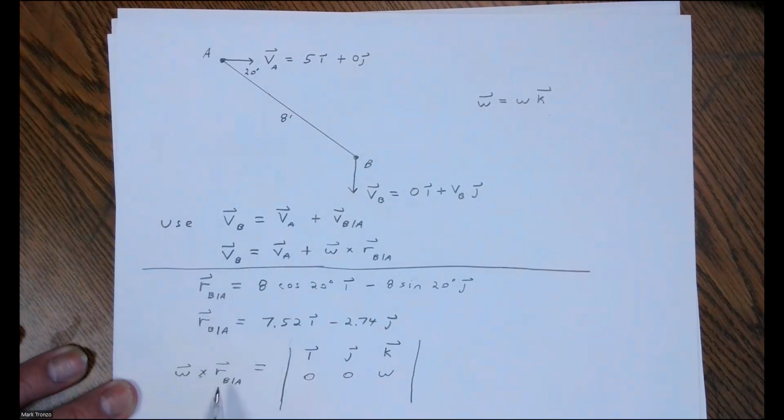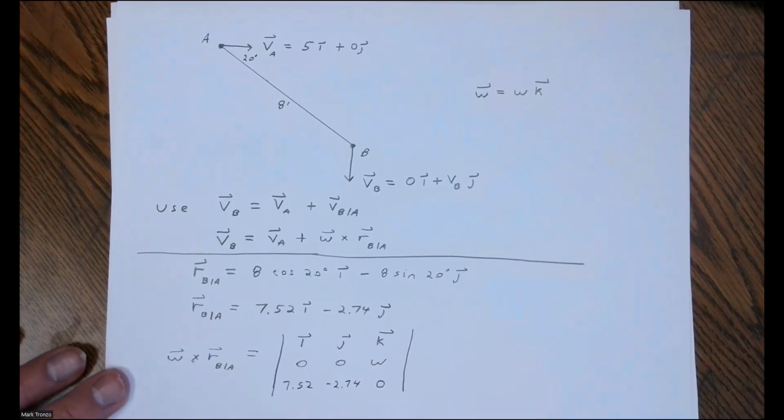And cross RBA, we have RBA right here. Now we'll calculate this.